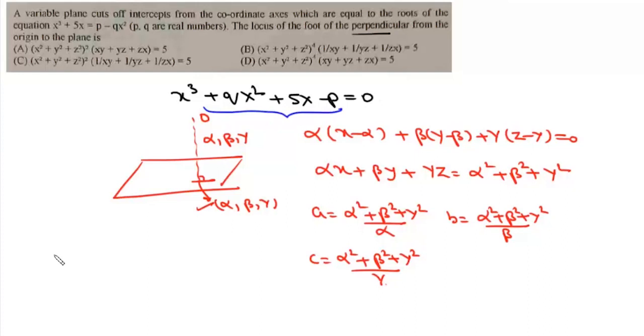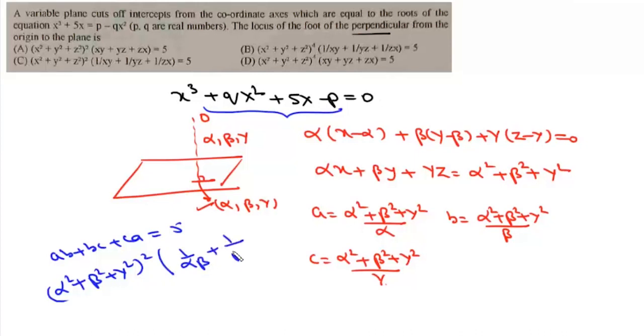If they are roots of this equation, then we can write AB plus BC plus CA will be equal to 5. Now we multiply them, we'll get alpha square plus beta square plus gamma square whole square into 1 upon alpha beta plus 1 upon beta gamma plus 1 upon gamma alpha, and that will be equal to 5. Now we'll replace alpha with x, beta with y and gamma with z.